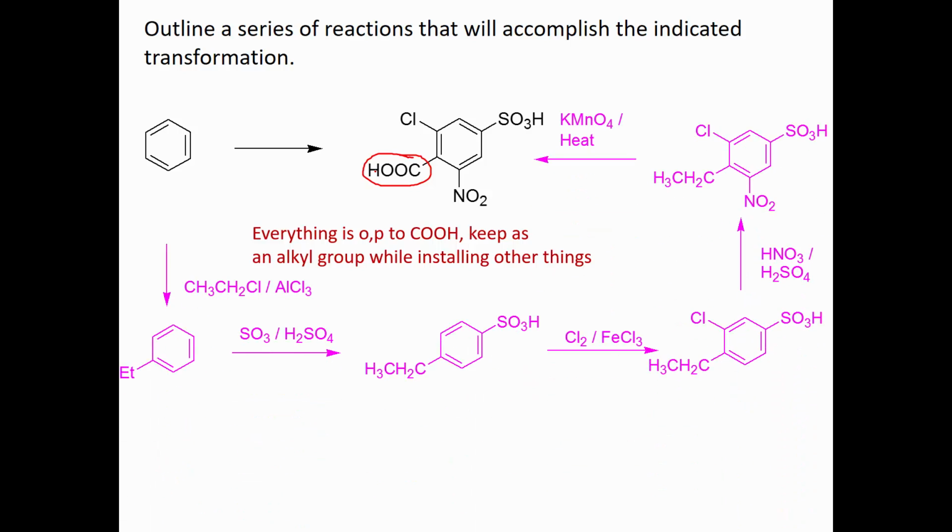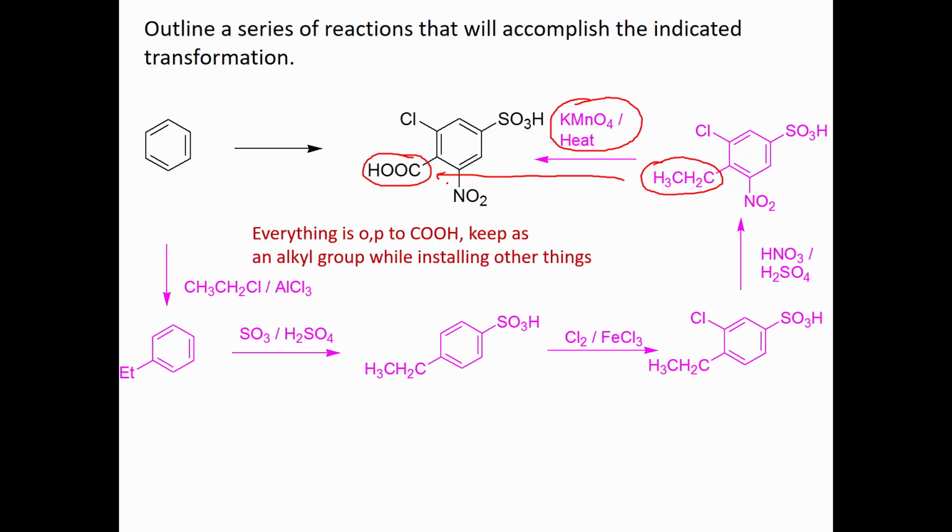So here's our synthesis. We're going to perform the permanganate oxidation last, or we could use the chromate oxidation as well, and that's going to turn our ethyl group into a COOH group, okay?